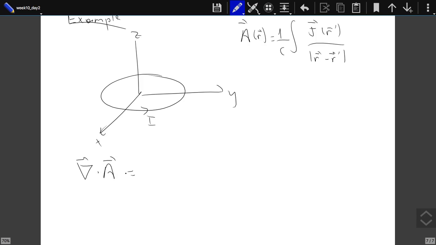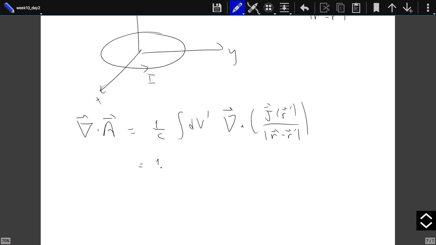Divergence of A will be equal to 1 over c, dV prime, J of r prime, let me write it in this form, the divergence of J of r prime divided by r minus r prime.